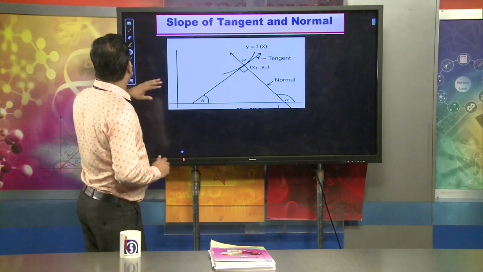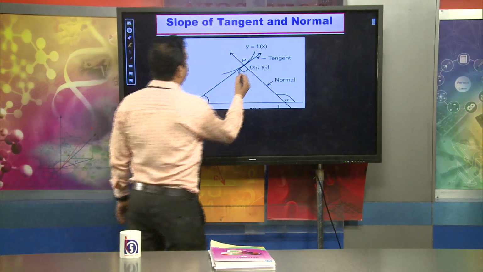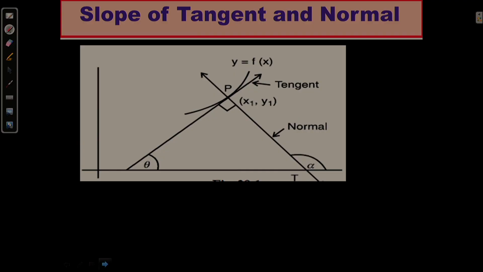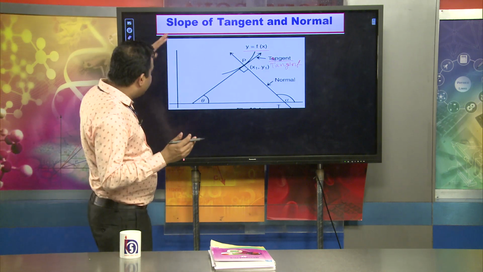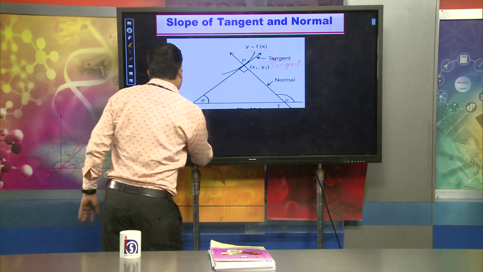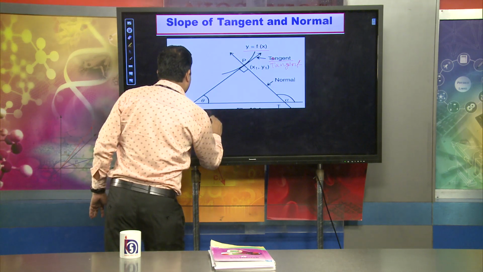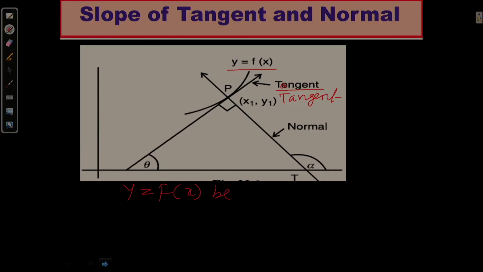Suppose y equal to f of x, that is the curve, and the tangent, T-A-N-G-E-N-T. You already know what exactly a tangent is. Let y equal to f of x be the curve.